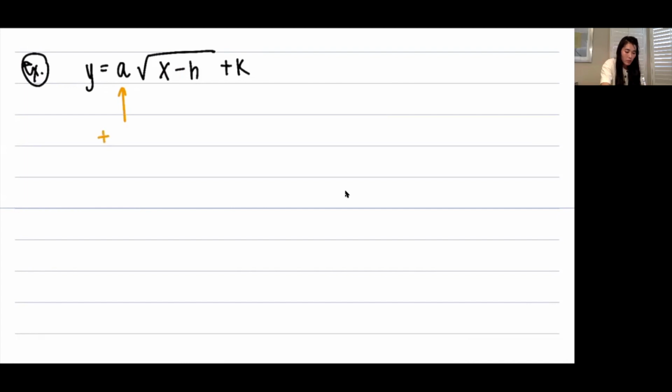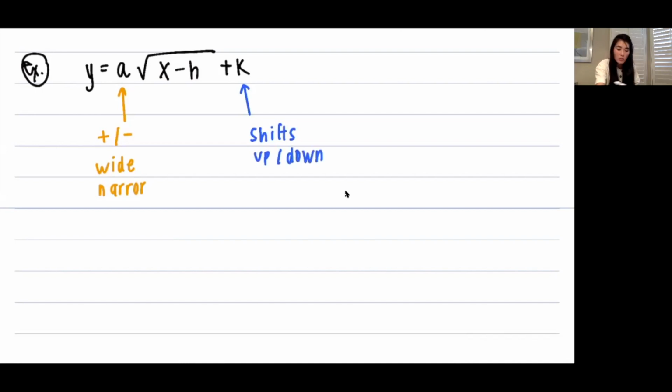In our second example, we looked at what happens when the number is outside of the radical sign. Remember, this shifts your graph up or down by that many spaces.